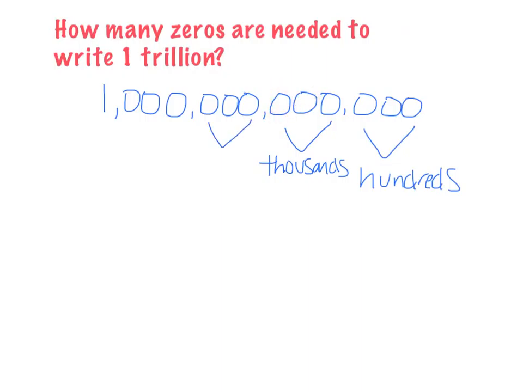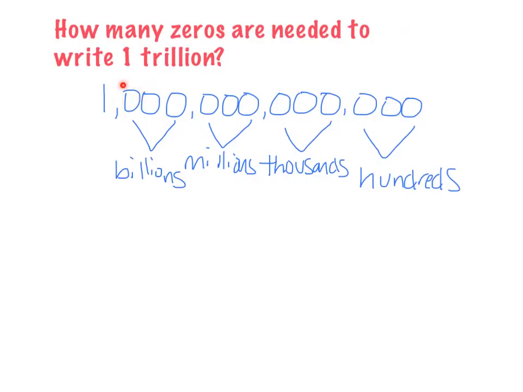Next one, millions. Marked by the millions, 10 millions, 100 millions. And then, of course, we go into the billions. Pattern here, billions, 10 billions, 100 billions.